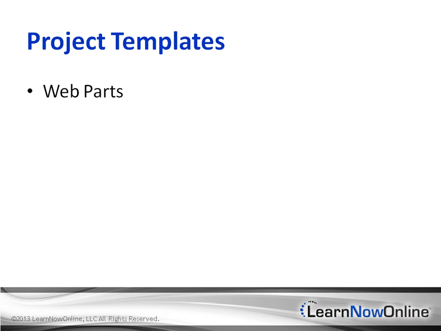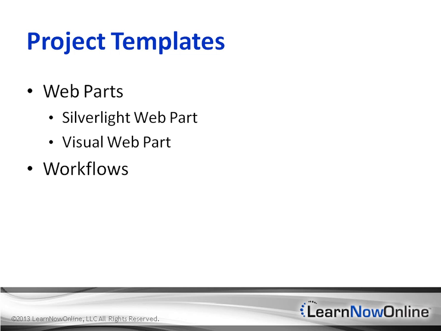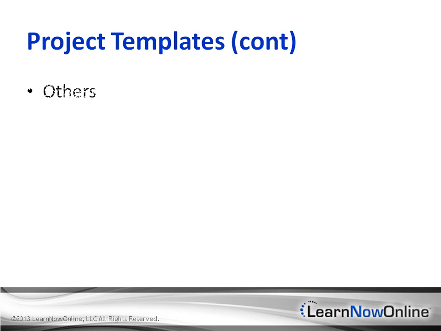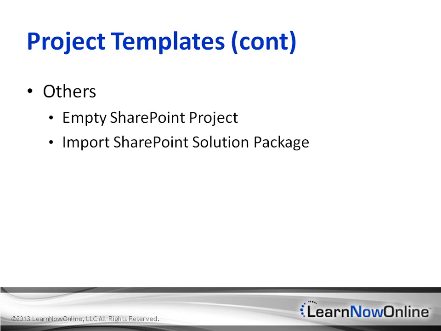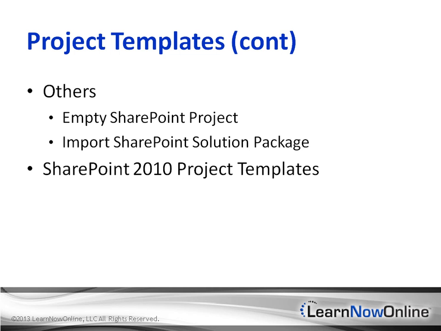So you still have project templates for the web parts, for Silverlight web part, Visual web part, and you have one for a workflow, just for importing a reusable workflow. And then obviously there's the empty SharePoint project, and then the import SharePoint solution package. And then there's the SharePoint 2010 project templates, and those are the same as 2013.